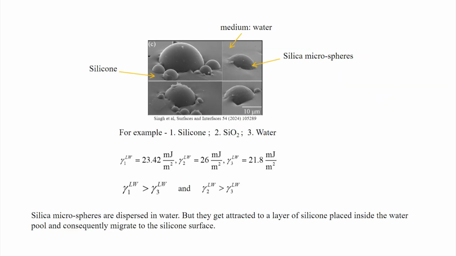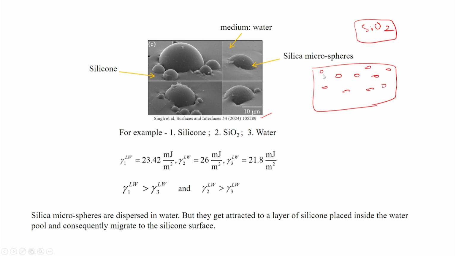Now there is an example here from a paper by these authors. Let us say there is a medium, water, and then there are silica particles, SiO2 microparticles, colloidal particles. So they show Brownian motion, they are not affected by gravity or density difference or anything.